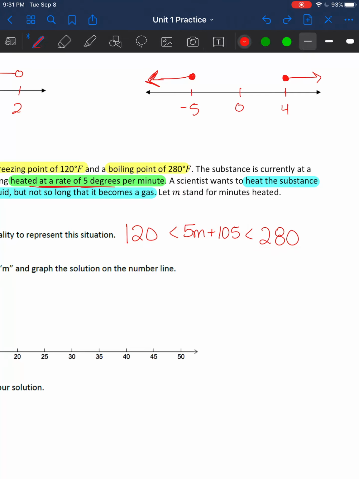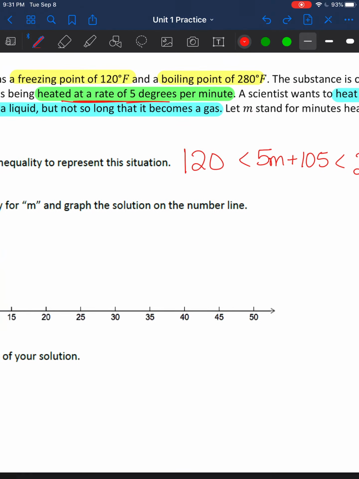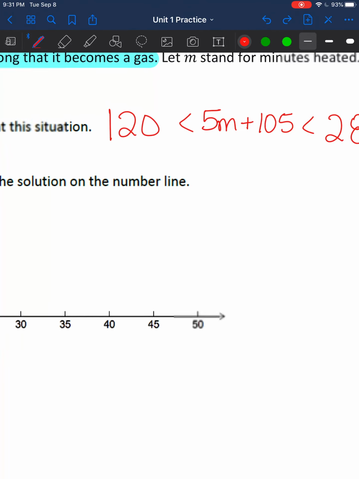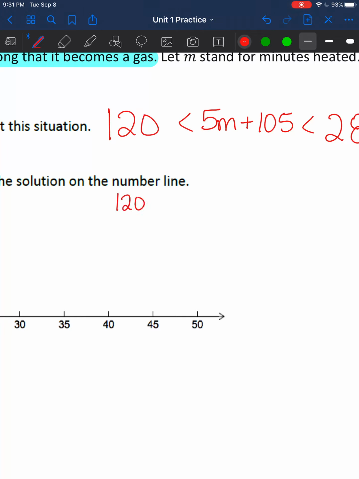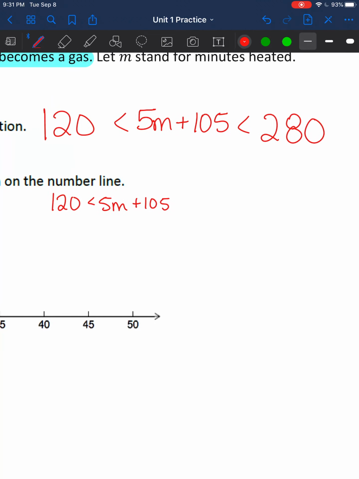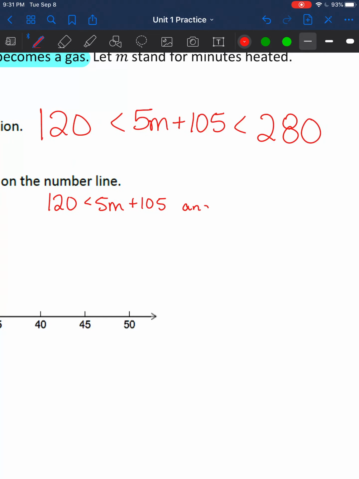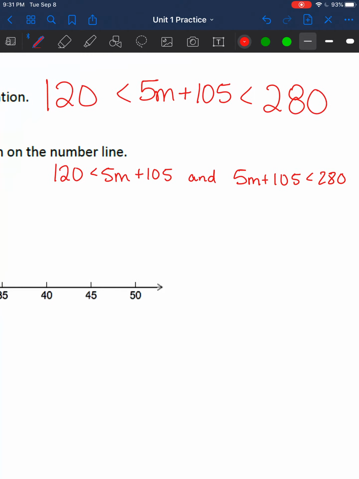And now I can solve this inequality. So I'm going to rewrite them. 120 is less than 5m plus 105. And my other one, I know 5m plus 105 needs to be less than 280.